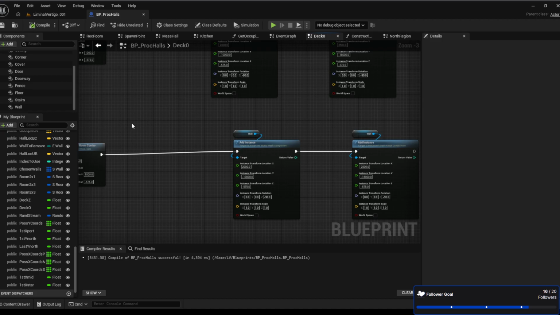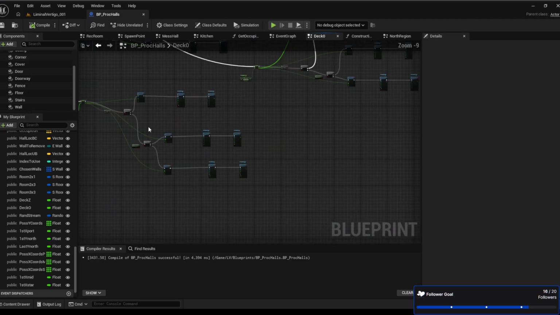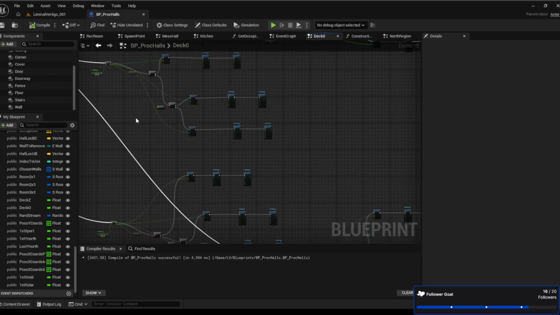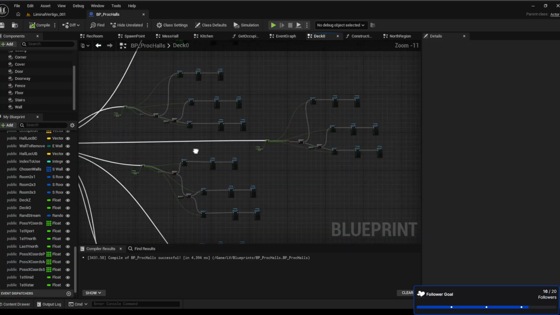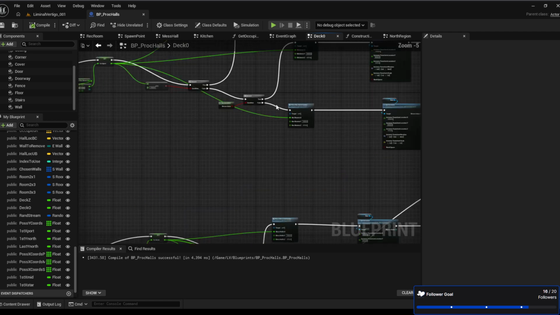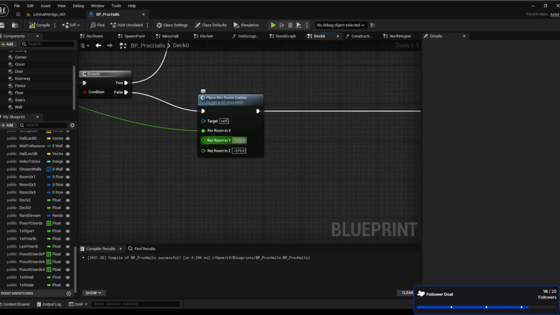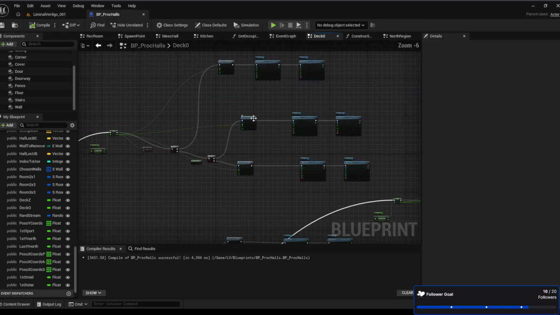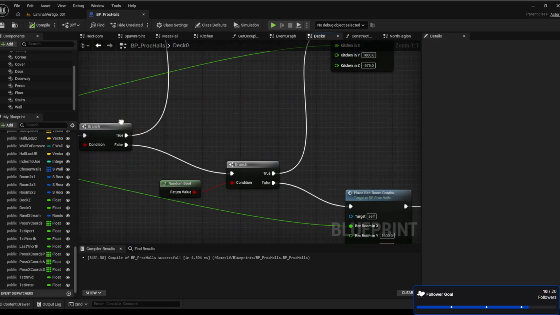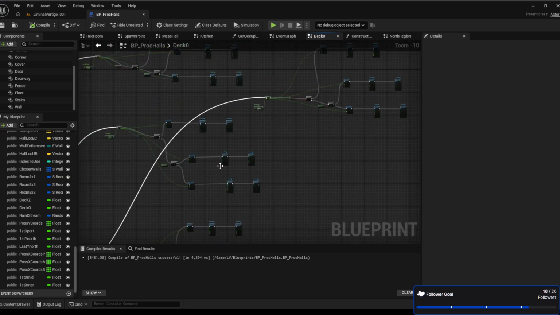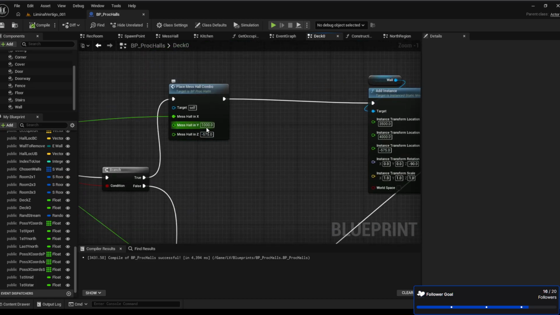So, gosh darn it, where do I, the placement of these 1000s, that means these are 1000s. That means these ones have to be negative 5500.